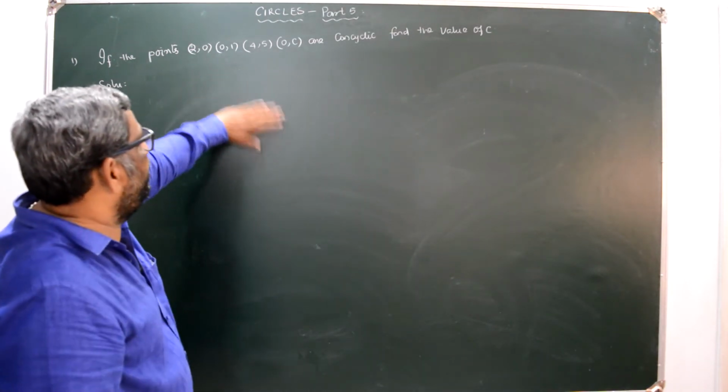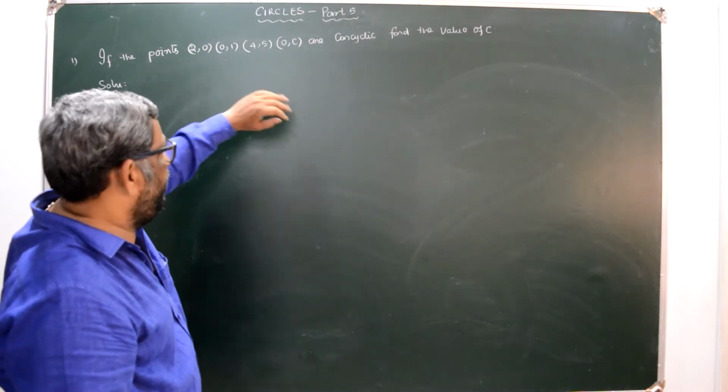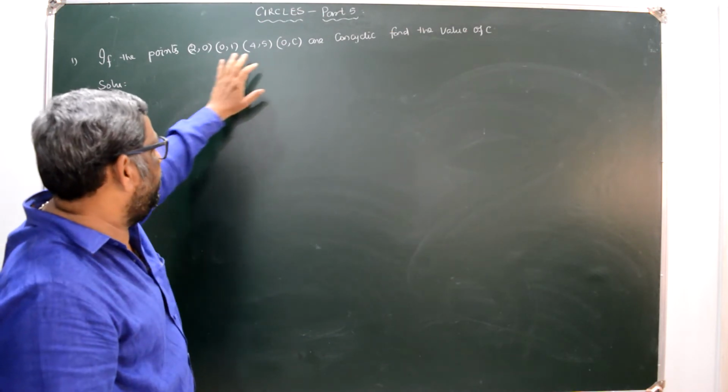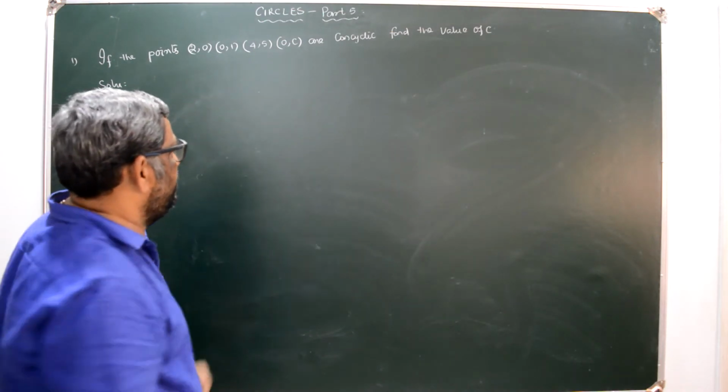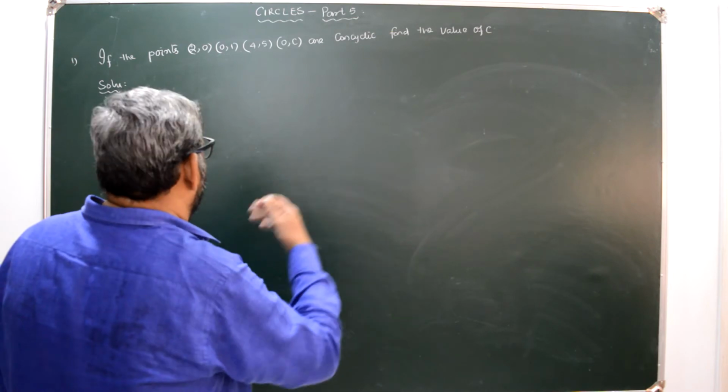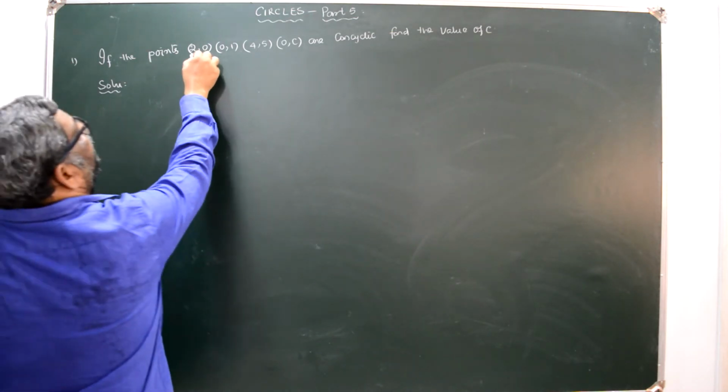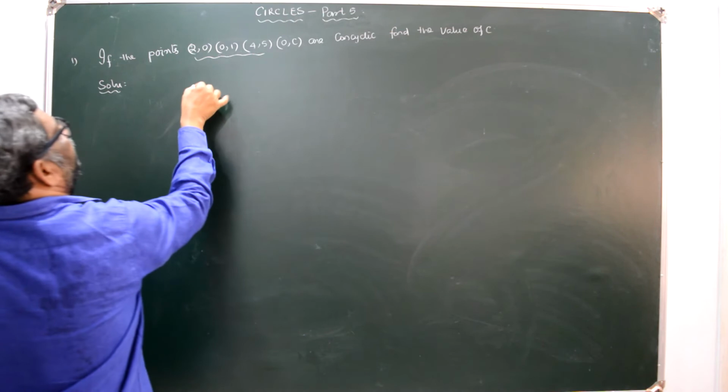Here this problem can be done in a different way also. To find the equivalent circle, it is not necessary to consider the general circle and substitute in this. I can take these 3 points.